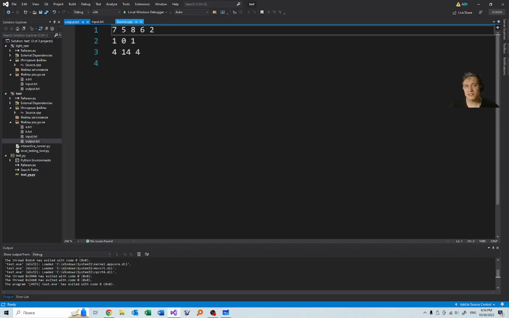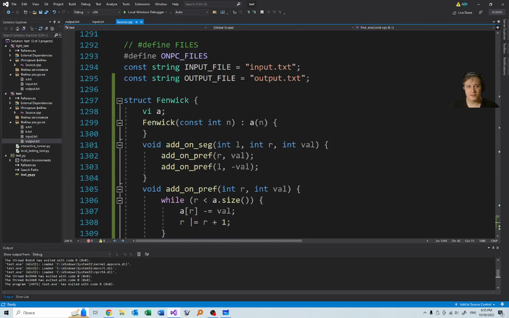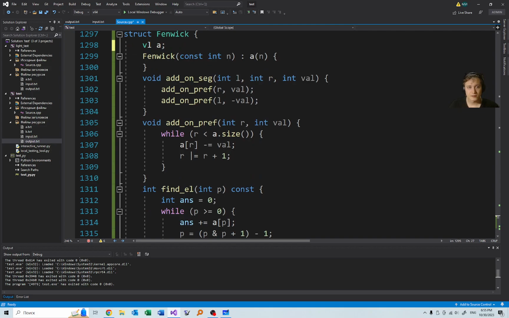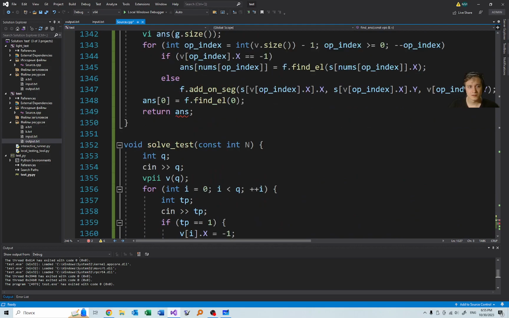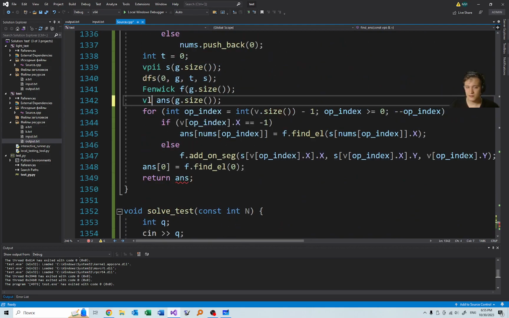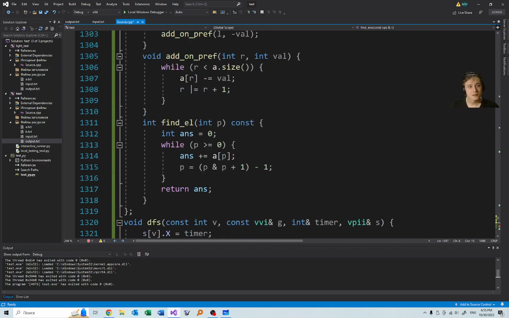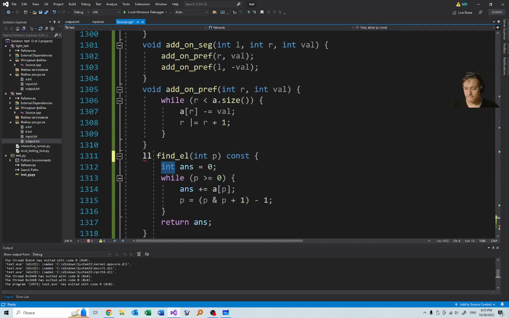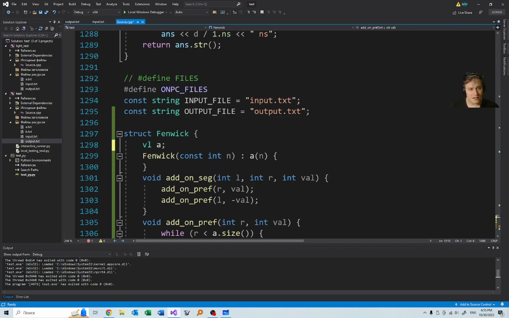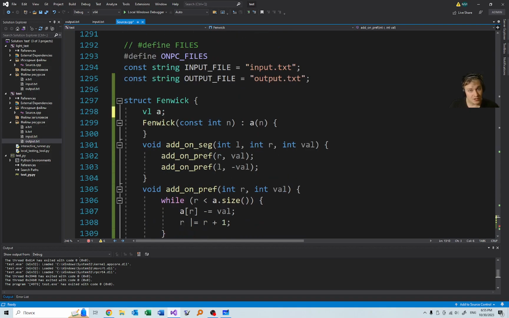So notice how easily my wrong answer becomes accepted. I just replace this. Replace this. Replace this. Replace this. Replace this. I think that can be enough. Let's recheck.